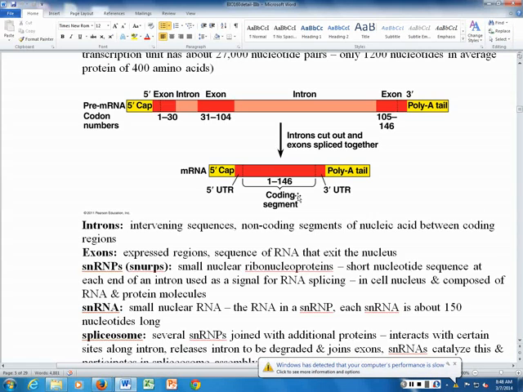So you can see where having just 3 parts can lead to 1, 2, 3, 4, 5, 6, 7 possible combinations. Most of the time you're going to have more than 3 parts. So the number of combinations that you can make, that's why we don't actually need as many genes as we thought we did.